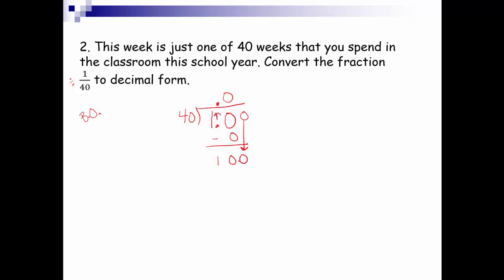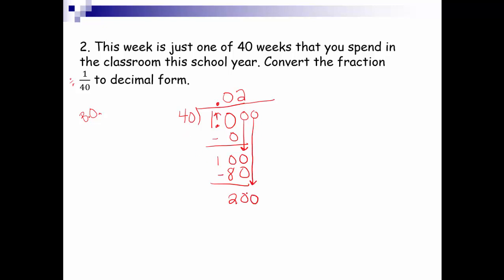So now we have 40 into 100. How many times does 40 go into 100? Twice. 4 times 2 is 8, so 40 times 2 is 80. 100 minus 80 is 20. We bring down a 0.